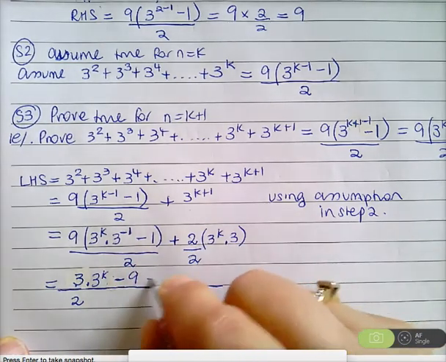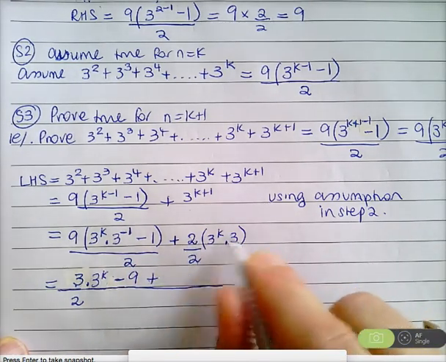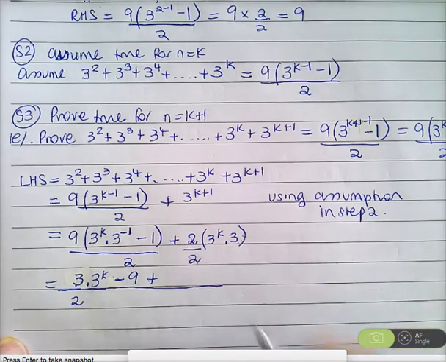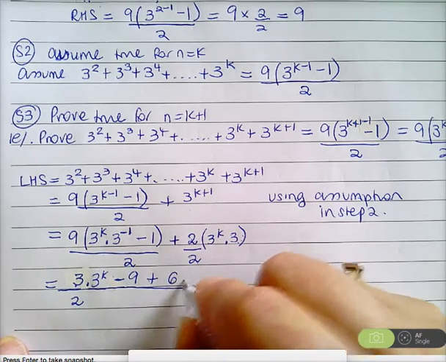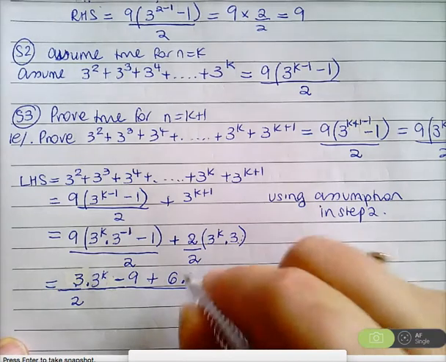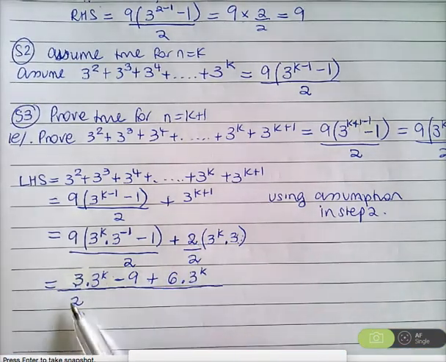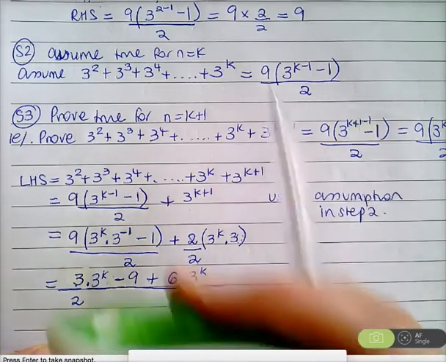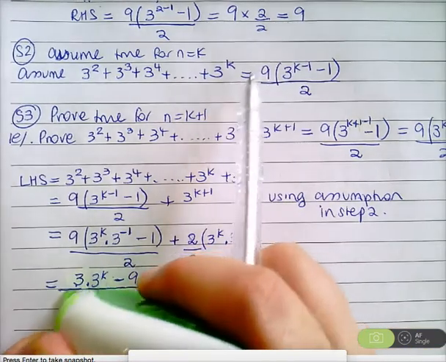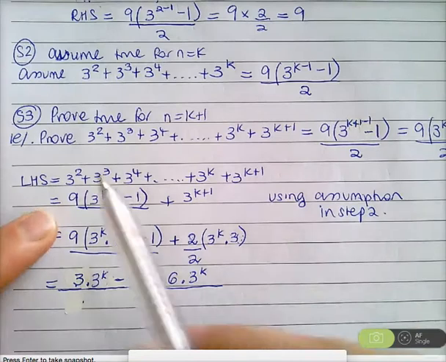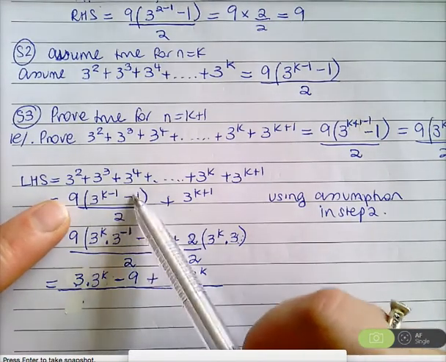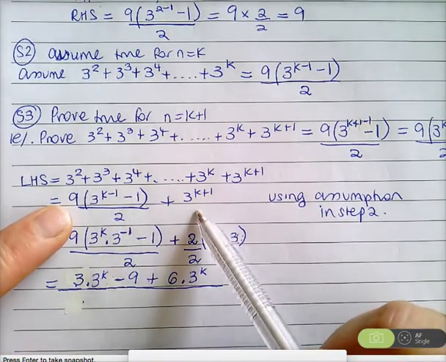Then what have I got? Plus, what's this? 6 times, see, 2 times 3 is 6. Lots of 3^k. The reason I can put everything over 2 is because up here, the first expression has a denominator of 2, but the second one doesn't.